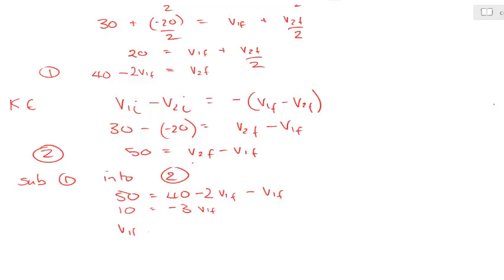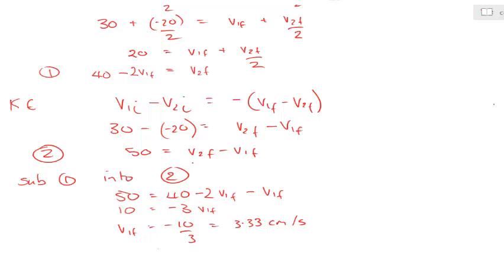So v1f is equal to minus 10 over 3, which is about minus 3.33 centimeters per second. Now you notice that I haven't converted this into meters per second, because all of our units are in centimeters per second and our masses were not known, so I've left everything in centimeters per second, which makes it slightly easier.